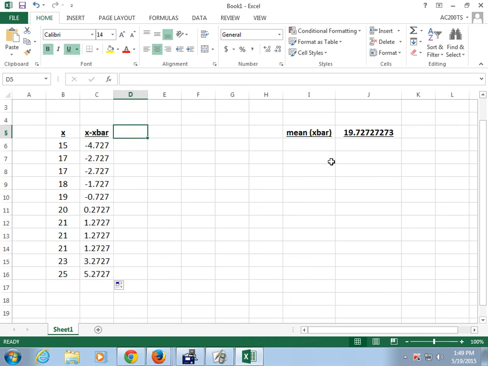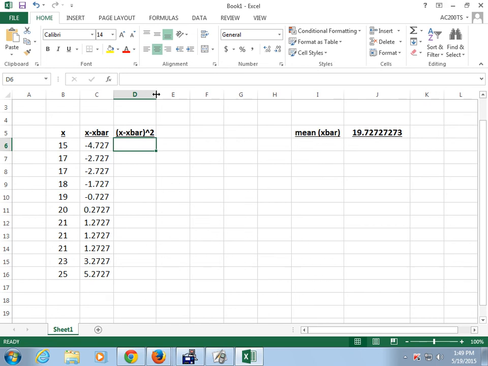And then what do you do with X minus X bar? You square it. And you don't forget to put parentheses. And that's going to equal this number raised to the second power.